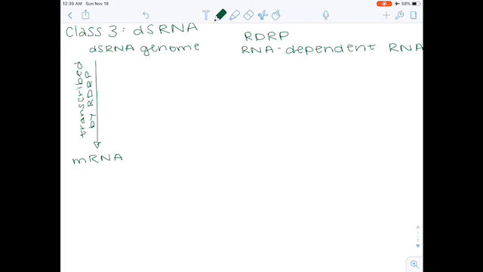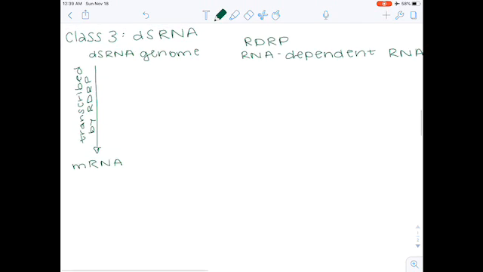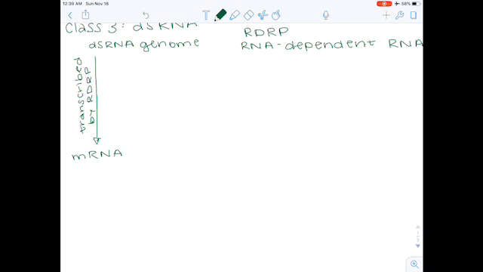And you're probably thinking, well, what the heck? We did replication first on the other ones. Well, those were DNA viruses. And so right here, we can't just do straight replication. We have to do it this way and go to mRNA.